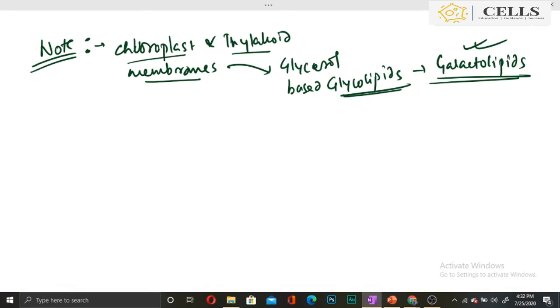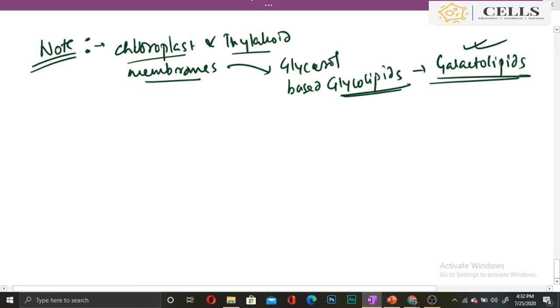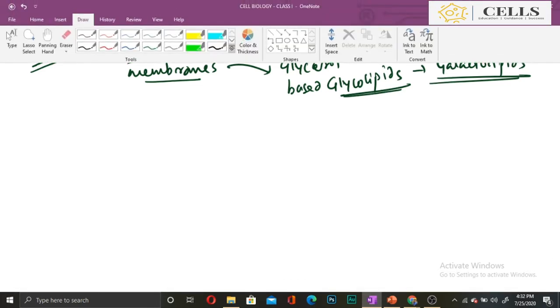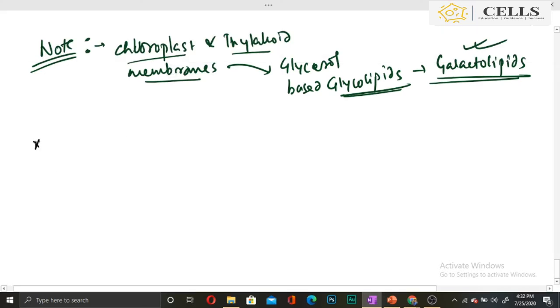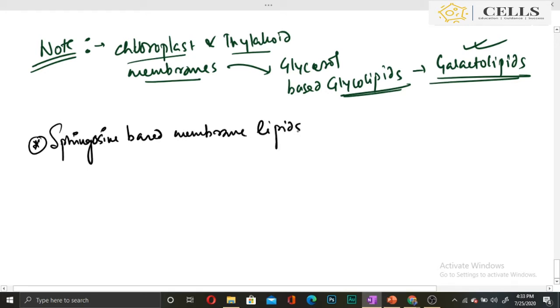Now, next portion. Next portion is the sphingosine based membrane lipids.